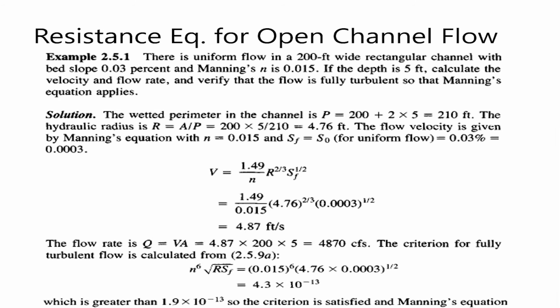So this is one numerical example. The question is, there is a uniform flow in a 200 feet wide rectangular channel. Okay. So this open channel can be rectangular or circular or trapezoidal. If you look at our storm drains in IIT Kharagpur, they are all rectangular channels.